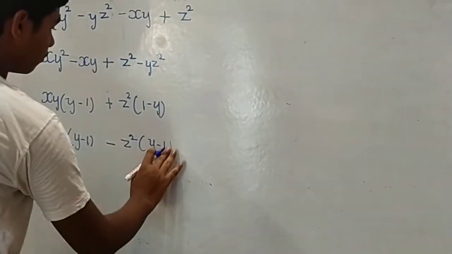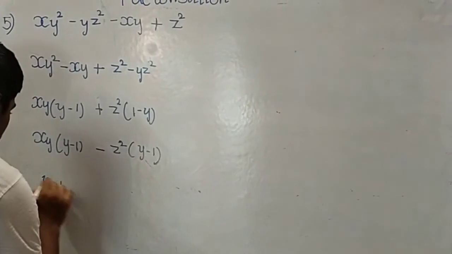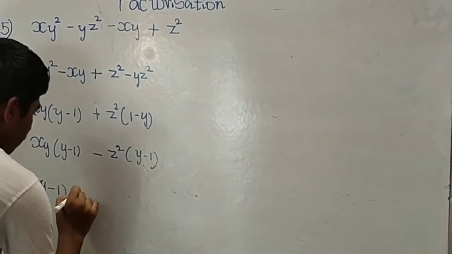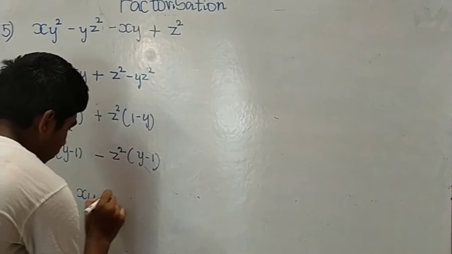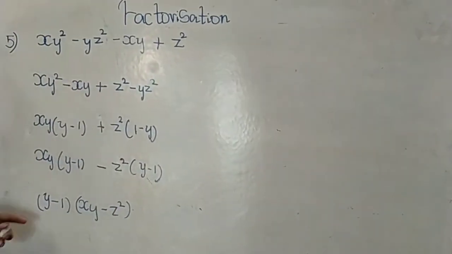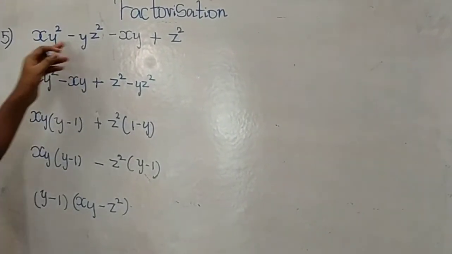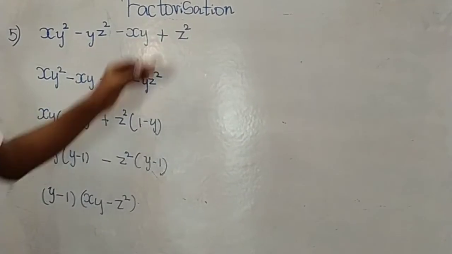Now y minus 1 is common. Now y minus 1 into xy minus z square. This is the factorized form of xy square minus yz square minus xy plus z square.